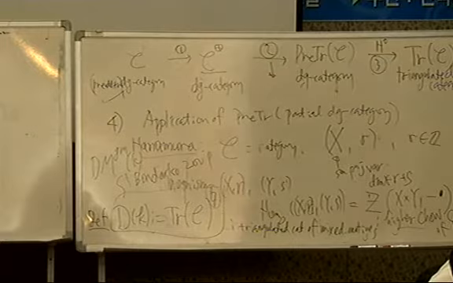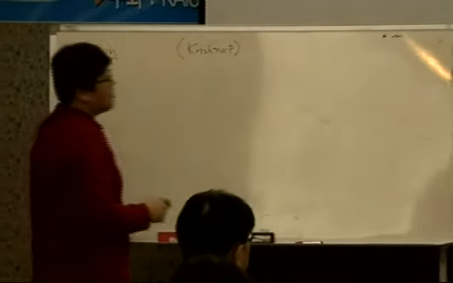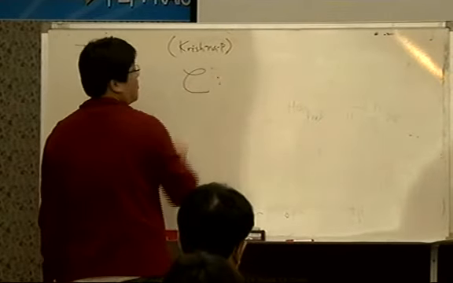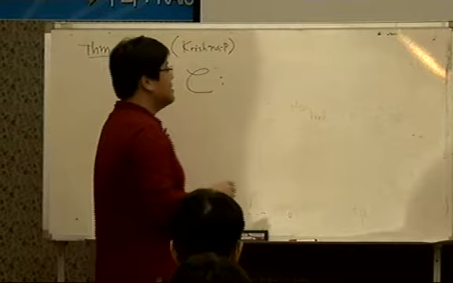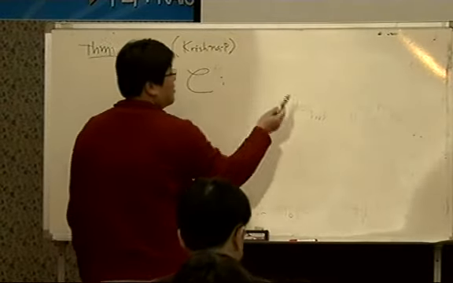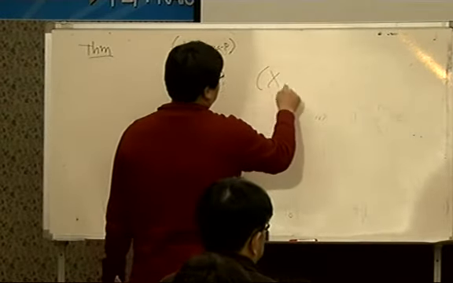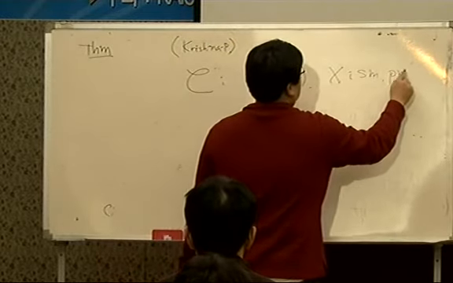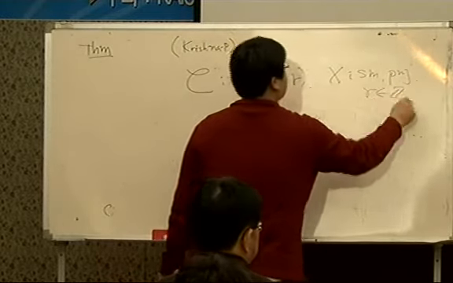So the theorem with Krishna, who is my collaborator, is that we can now work with a different category, because we have the formalism. C is our category. C is going to be the same objects, so X and R. X is a smooth projective variety, and R is an integer.